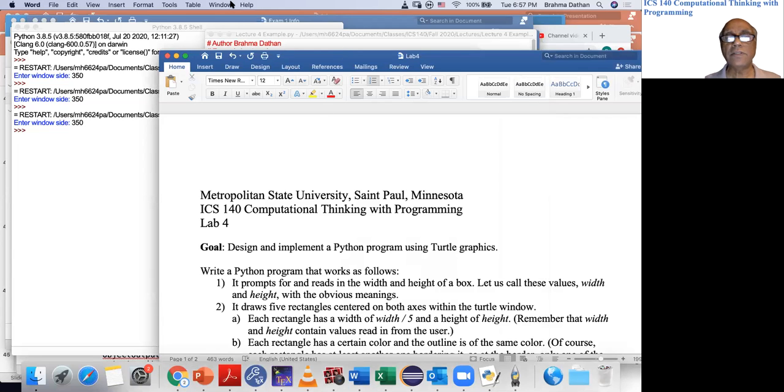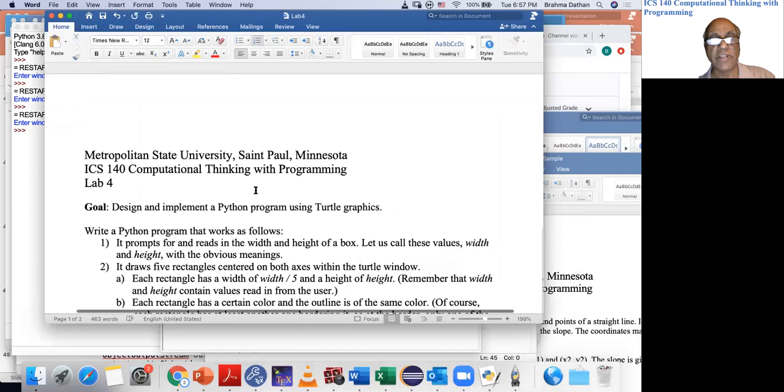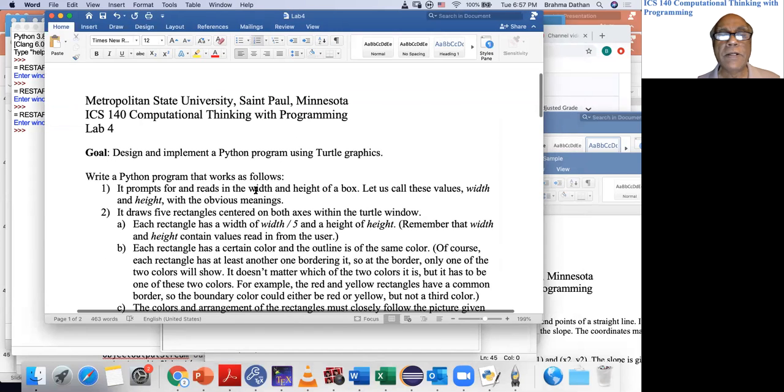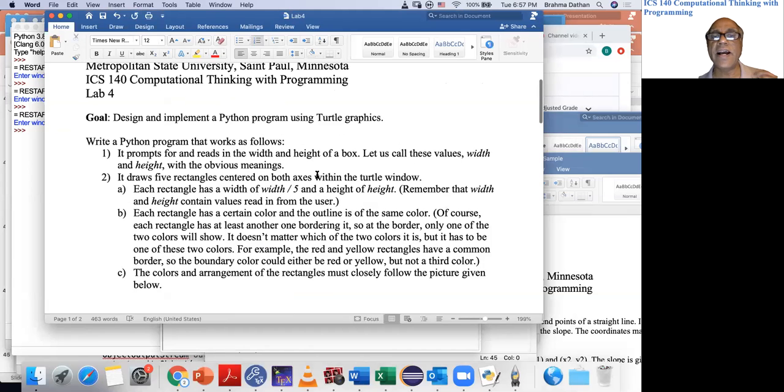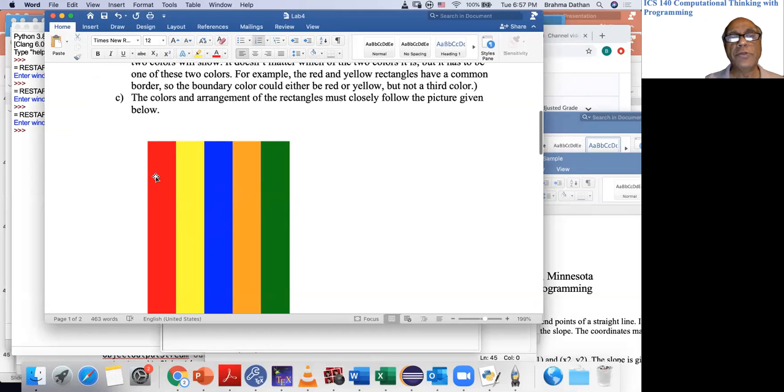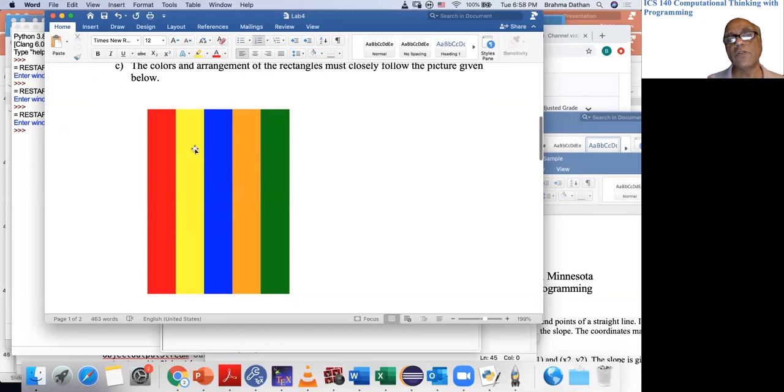The lab is available on the D2L. You need to get the width and height of a box, not just the width, unlike what you have here. Then you need to draw 5 rectangles filled with these colors: red, yellow, blue, orange, and green, in this order. That is the lab.